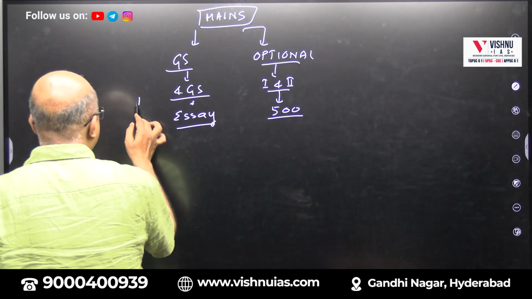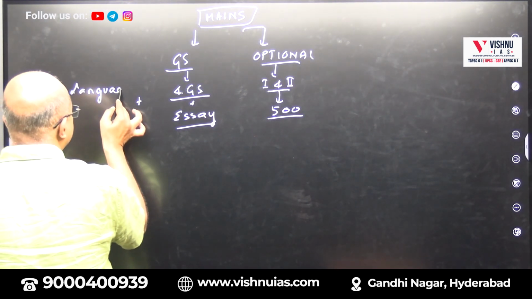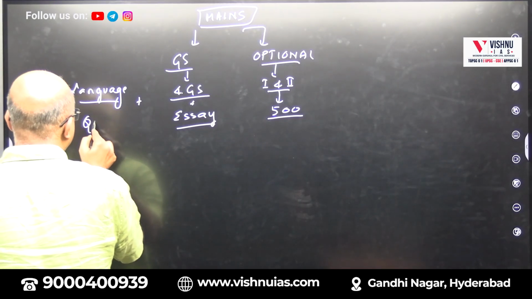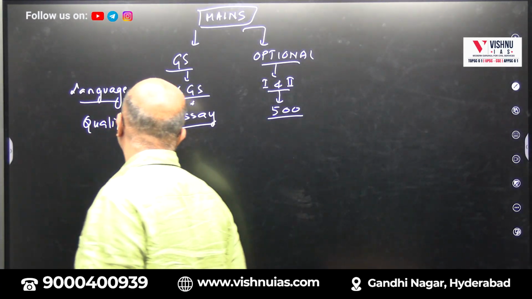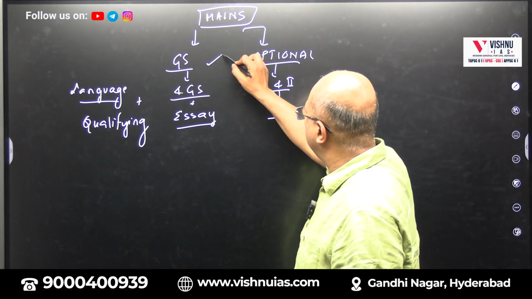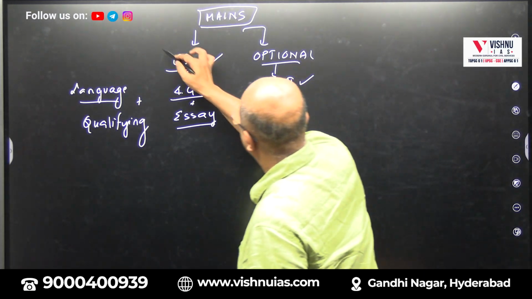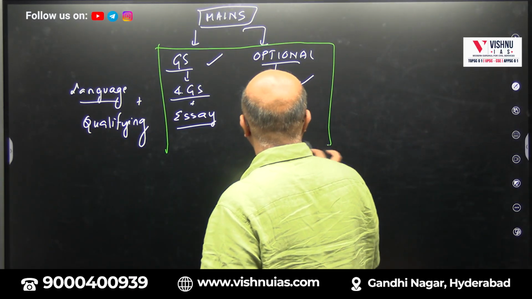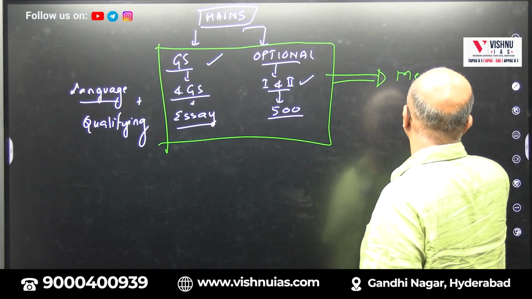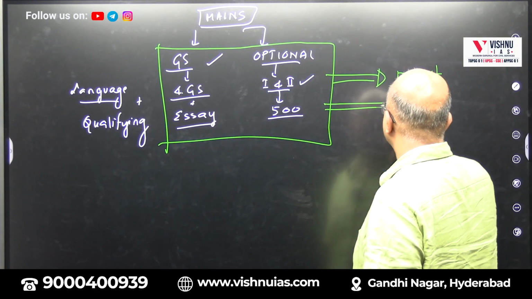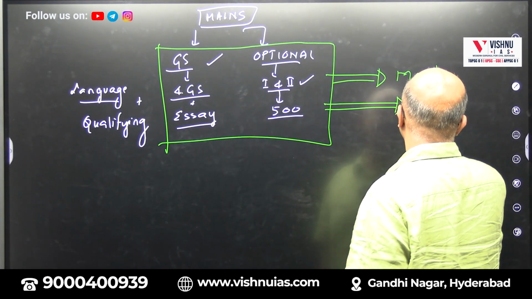And there will always be a language paper which is qualifying in nature. So whatever marks you have scored in these papers is very significant to decide your merit. Based on this, you will be selected for the third stage, which is called the personality test.